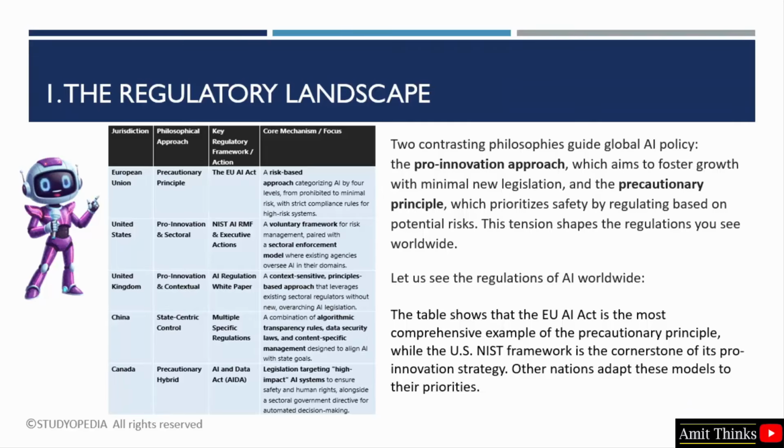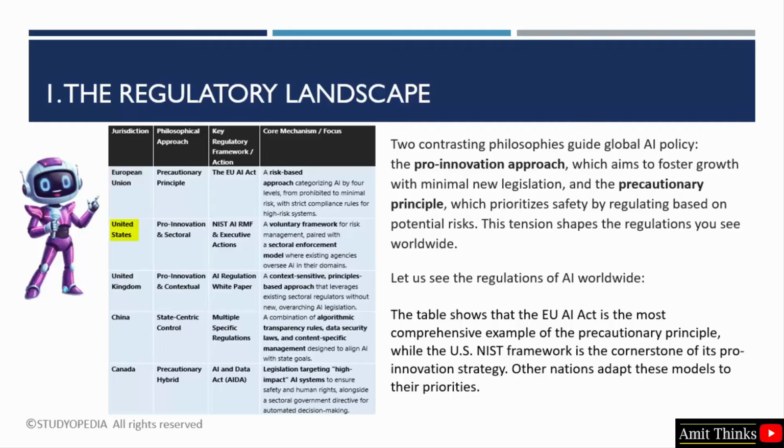On the left, you can see a table which discusses the different unions with its philosophical approach as well as the key regulatory and the core focus. Beginning with the European Union, the EU AI Act, you must have heard about this. It is a risk-based approach categorizing AI by 4 levels, from prohibited to minimal risk, with strict compliance rules for high-risk systems.